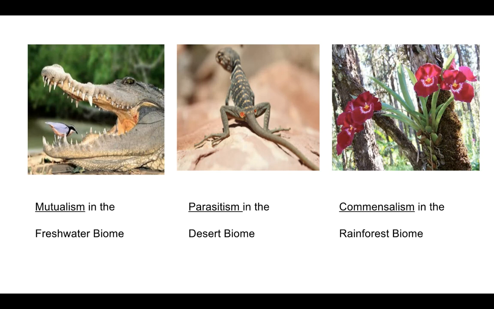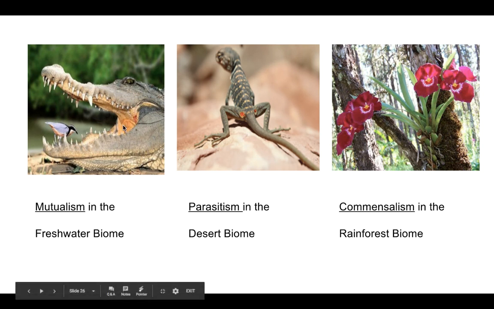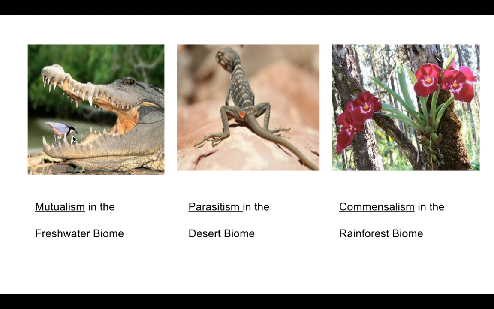So mutualism in the freshwater biome. As we can see, this bird is actually picking out food scraps from the crocodile's teeth. It's helping the crocodile to be healthy, and the bird is getting a food source. So it's actually helping both of these.